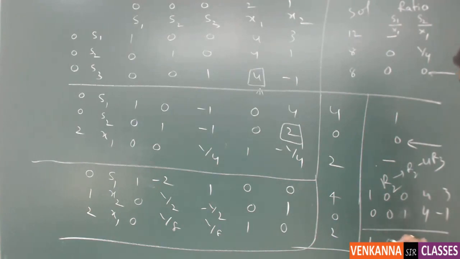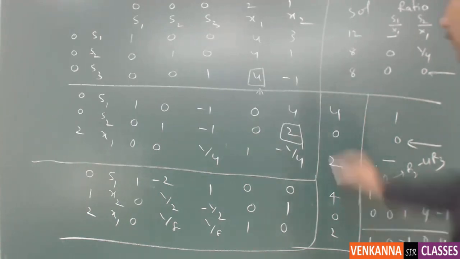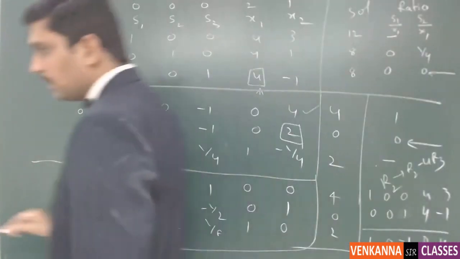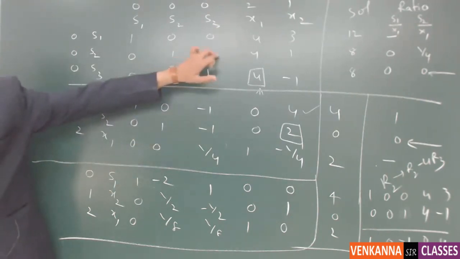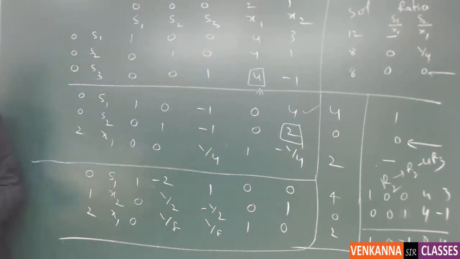So 1, 0, -1, 0, and 4. That will be the first row. Is that clear now in getting the operation? Right. Similarly, we perform the second row also, the same pattern.